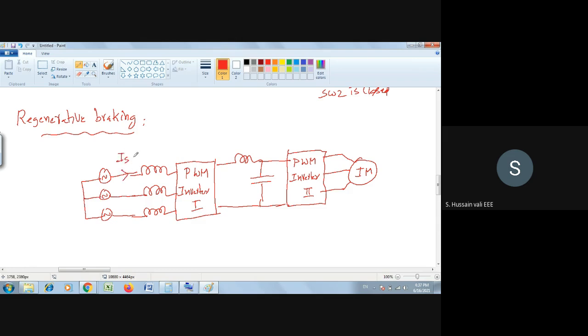This is the source current. Okay, and the voltage here is the source voltage.